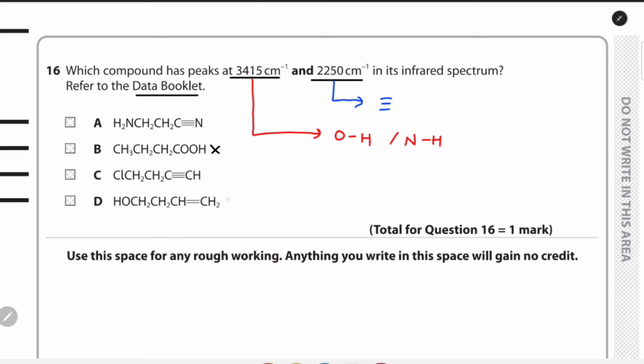Options B and D do not have a triple bond. These two have a triple bond, so it could be either of them. Now if I look over here, it must have an OH or an NH bond. This option C does not have it, while option A has an NH bond, so A is the answer.